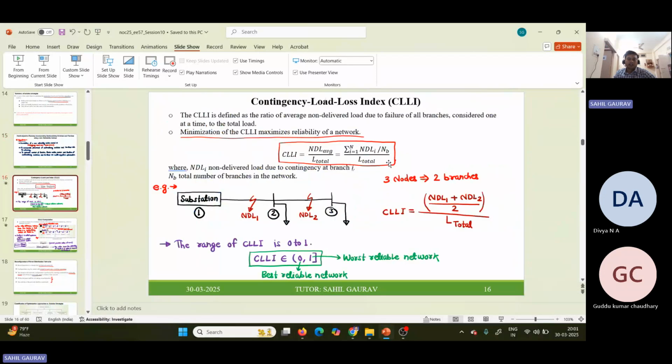But I think whatever you are saying, you can have one optimization function where you want to minimize CLLI, but you have to check how we will define this objective function based on these decision variables.